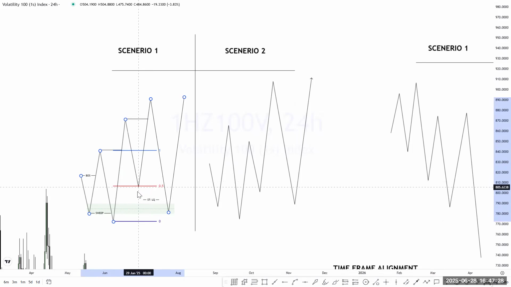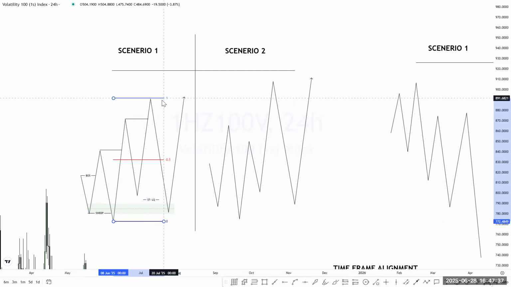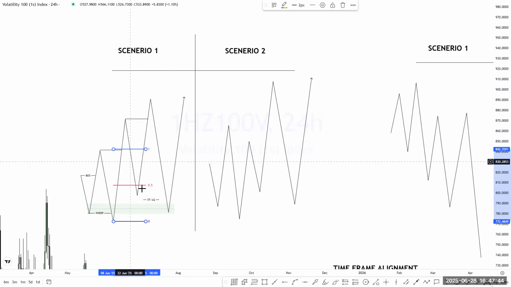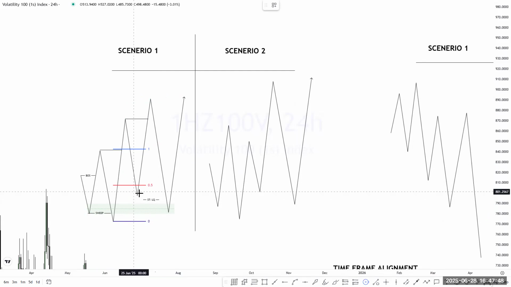So make sure your structural liquidity crosses the 50%. Even though you pull it to the high, you still know that your structural liquidity is in 50%, but put it from the low to the break of structure. Make sure your structural liquidity is in the 50%. So this is scenario one.